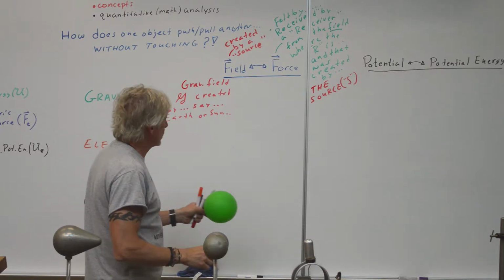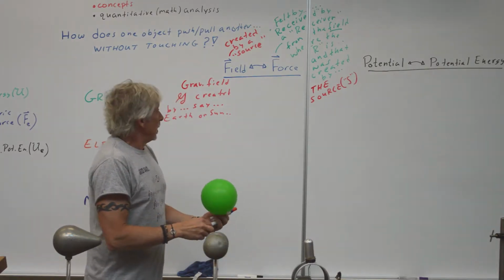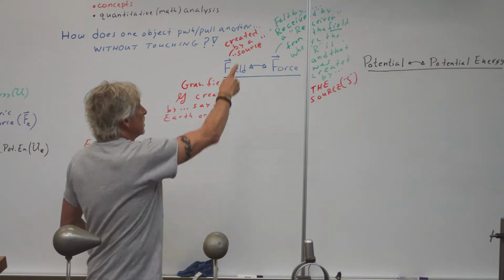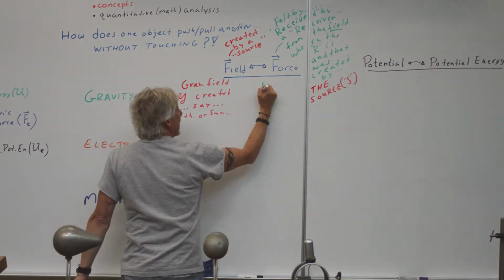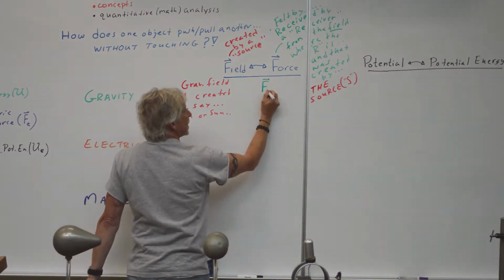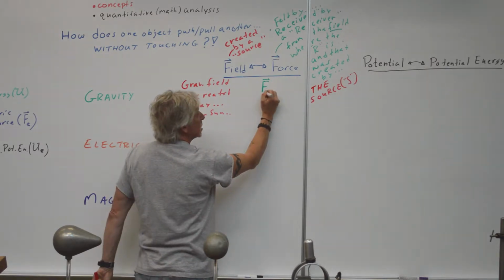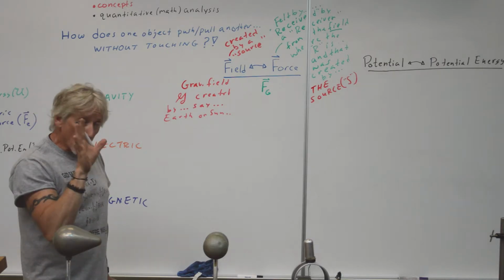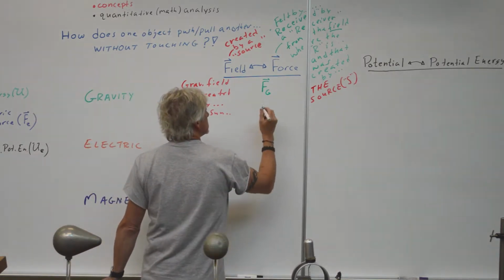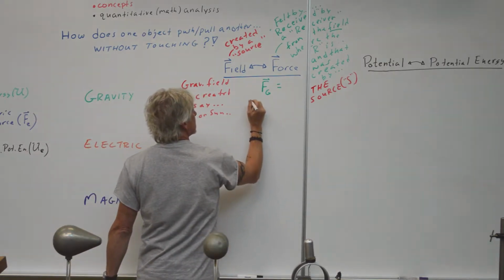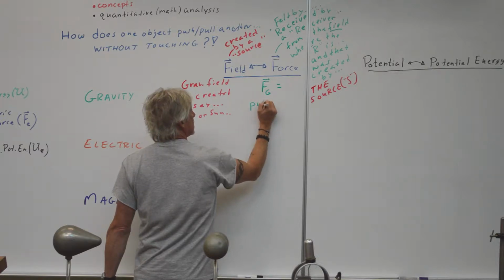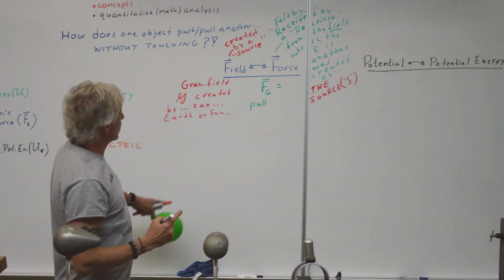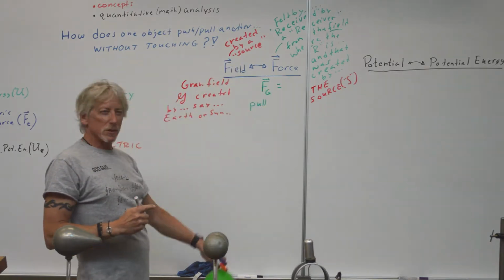Okay. So the force, stick with our force, F, either lowercase or capital G, doesn't matter, force of gravity, is always a pull. And it's a pull towards the source.